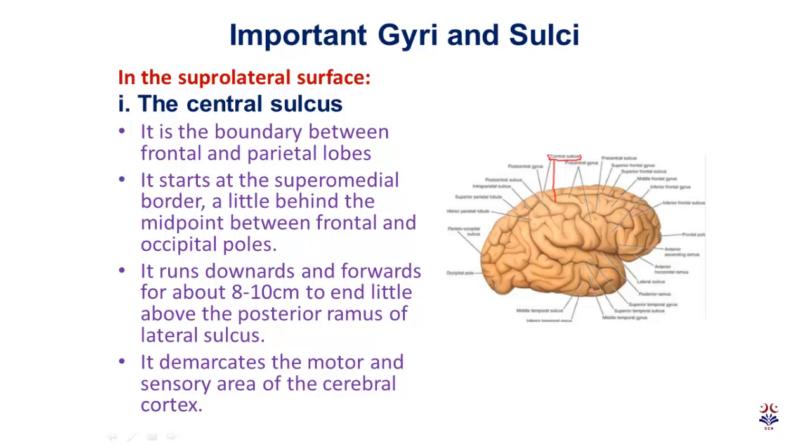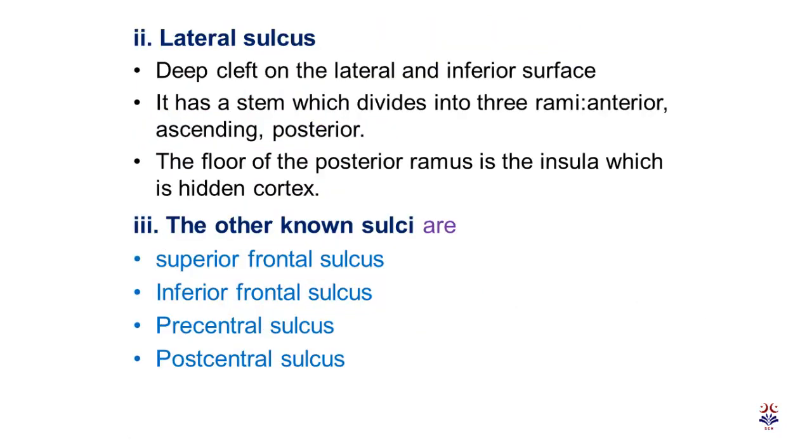Here is the lateral sulcus, and it has 3 rami, or 3 branches. This is the posterior ramus, this is the ascending ramus, and this is the anterior horizontal ramus. The lateral sulcus is a deep cleft on the lateral and inferior surface, and we have seen that it has a stem which divides into 3 rami: anterior, ascending, and posterior.